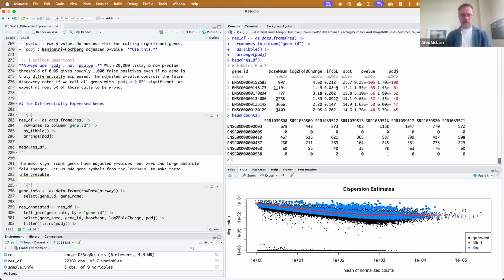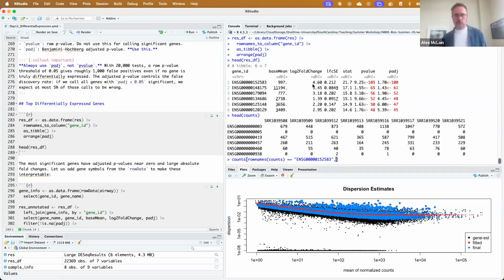Just out of curiosity, let's look at the data for this one. Why not? So I'm going to say counts. Counts does have row names, and I want to look at the row where the row name is equal to this code, which is just what we get up here. So we see the most significant one has a base mean of about 1,000.